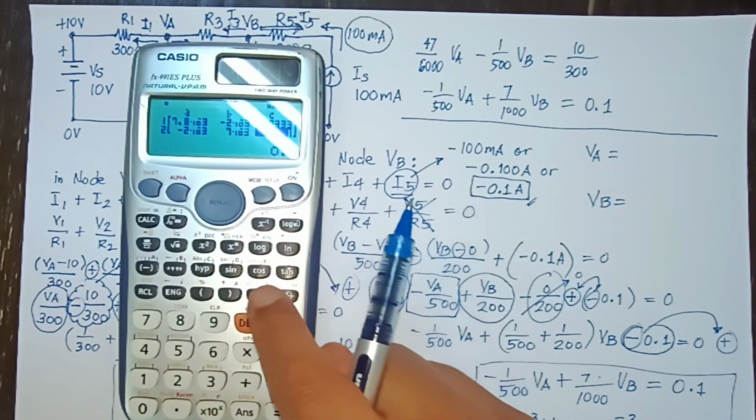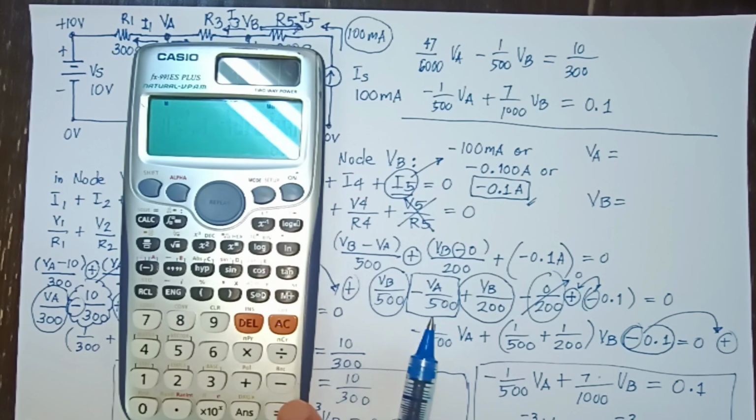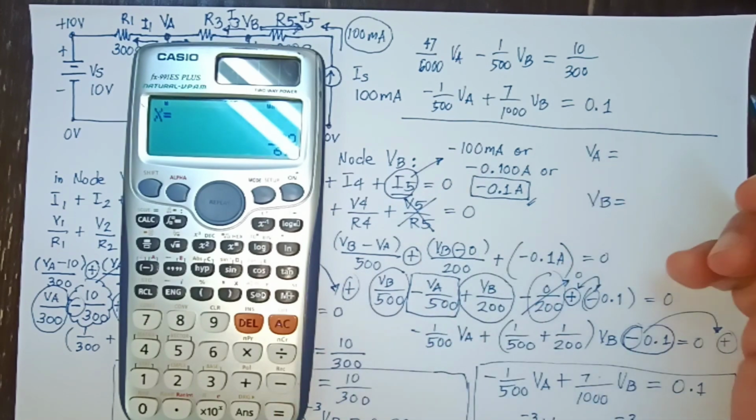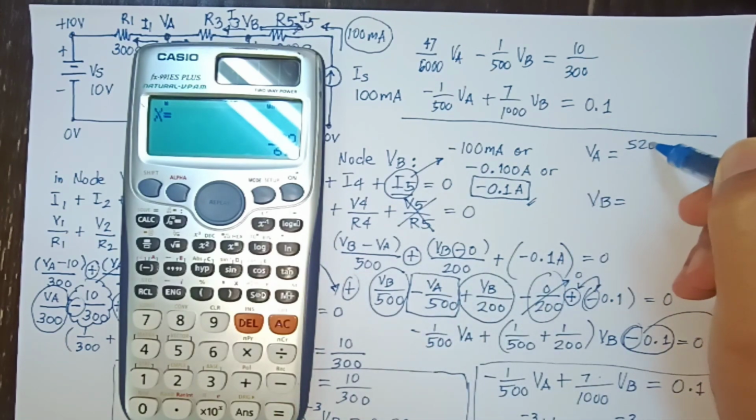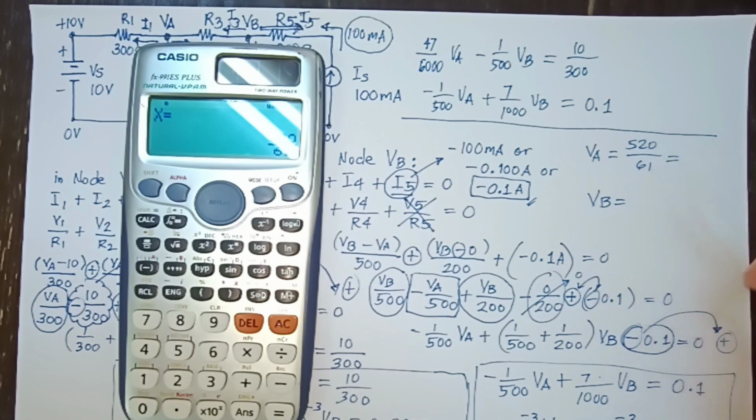That's it. You will get here the value of X, which represents VA. And now we got the VA as 520 over 61, that would be 8.52459 volts for our VA.